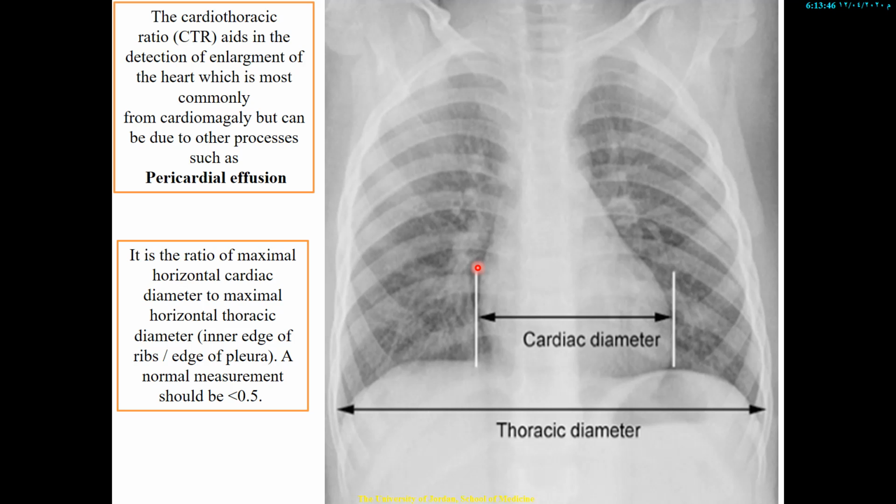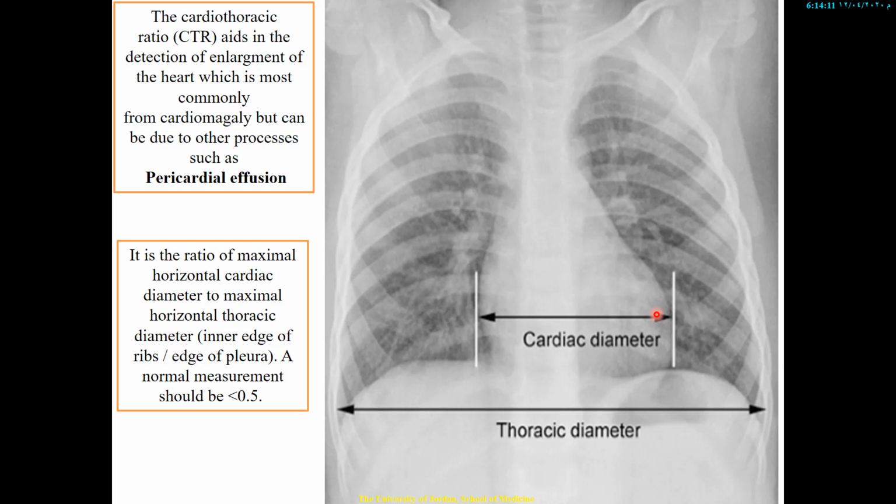Also, one of the most important measurements to appreciate the normal size of the heart is something we call the cardiothoracic ratio, which aids in the detection of enlargement of the heart, most commonly from cardiomegaly, but it can be due to other processes such as pericardial effusion. The idea here is very simple.